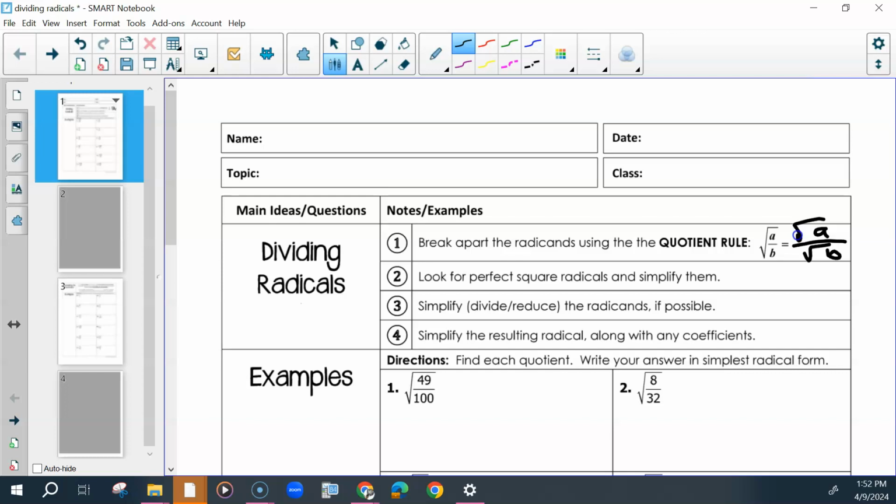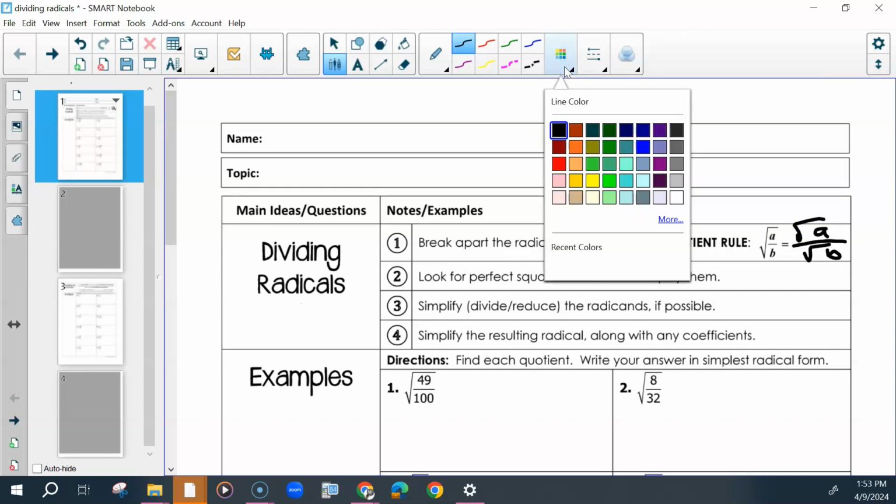And then, depending on the numbers, look for perfect squares and then simplify them. Simplify them if they're not perfect squares. Divide and reduce the radicands if possible. Simplify whatever the resulting radical is along with any coefficient. So there's a bunch of different things that could happen. Any of these could happen. All of them could happen. It depends on the problem.